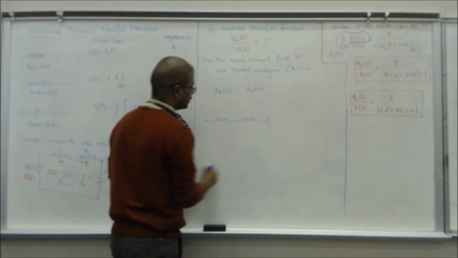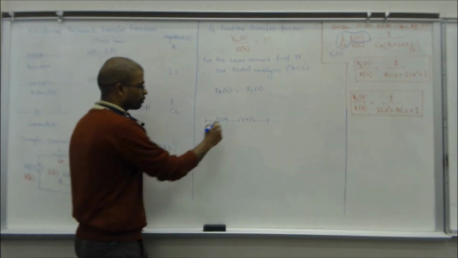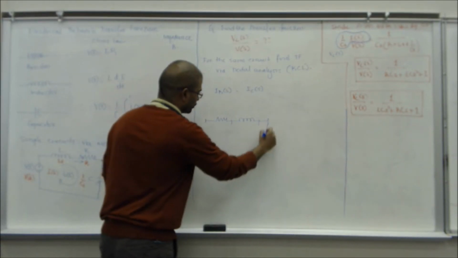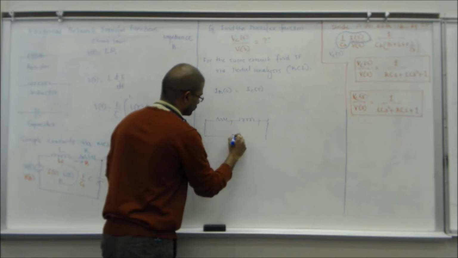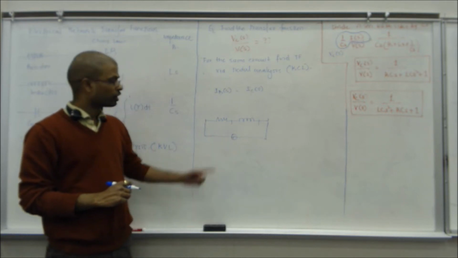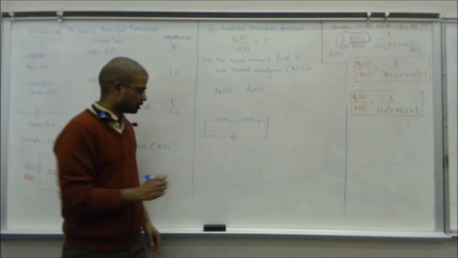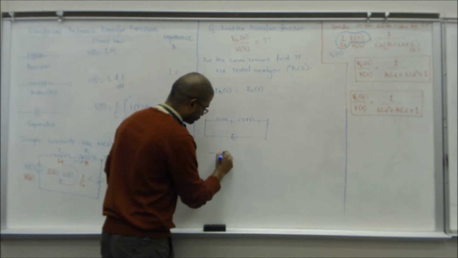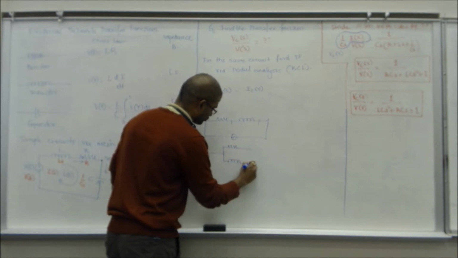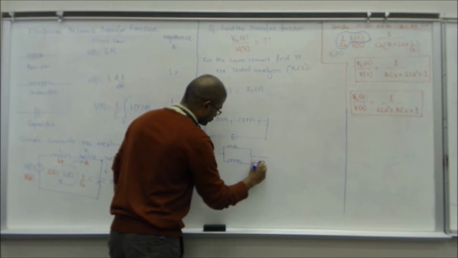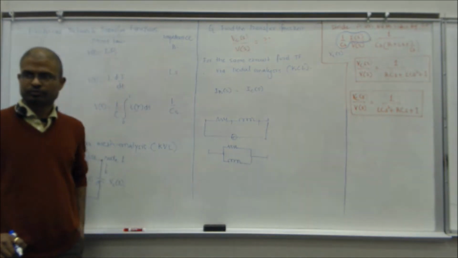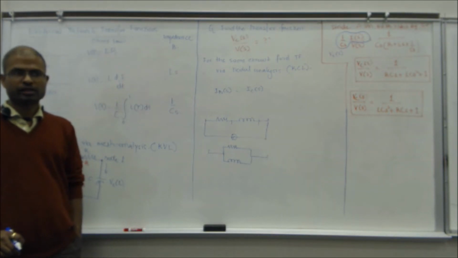The voltage across these is not the same. Voltage drop across this is different, across this is different, and the total applied voltage is different. If you have something like this, the voltage gets divided. But what happens to the current? The same current is flowing. If you do this, the voltage across these two is the same, but the current gets split.